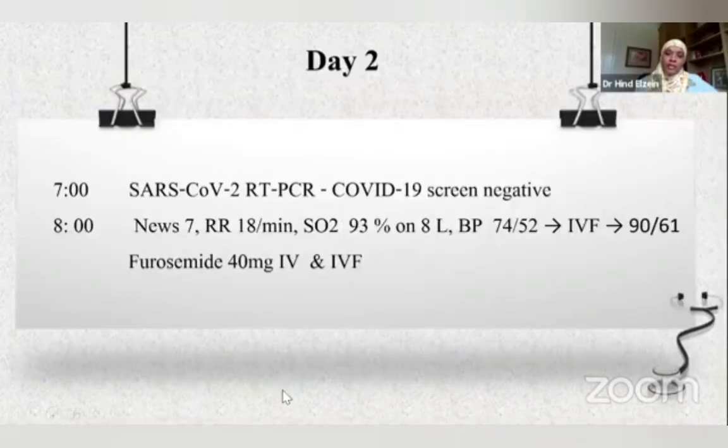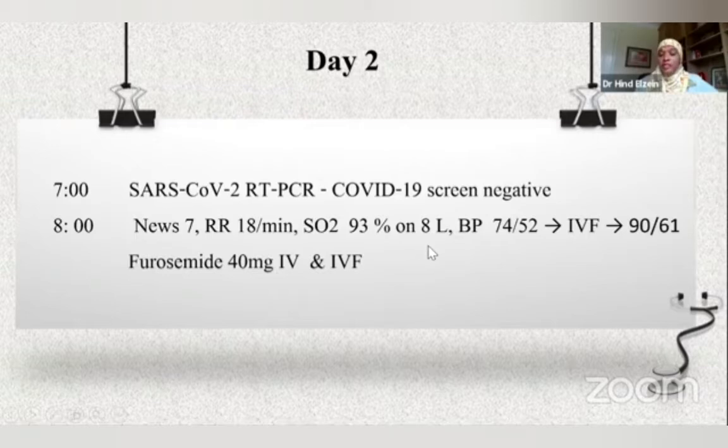Okay. So early the next morning, the COVID-19 screen came back negative. She dropped her blood pressure further, and she was started on IV fluids. Actually, she was given both furosemide and IV fluids, and her saturation was maintained at 93% on 8 liters.